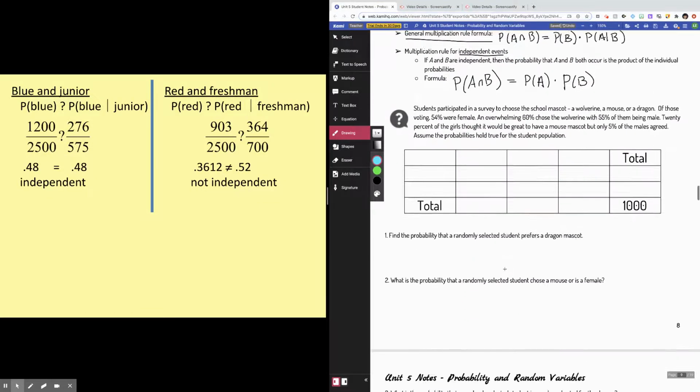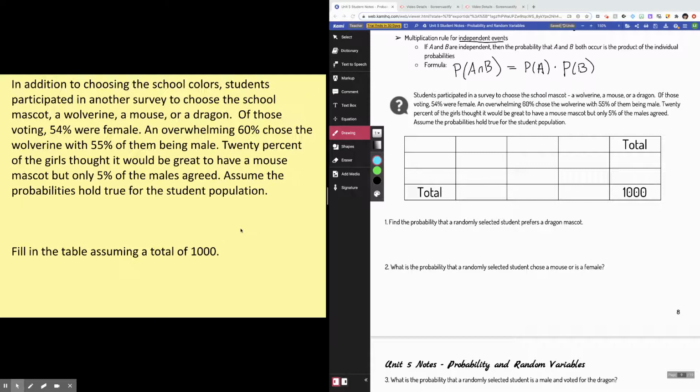Okay, so last bit here, we have this sample problem where they just gave us a little bit of information and told us that there were 1,000 students, and we have to now figure out, just based on the information they gave us, how many people fit in each of these categories.